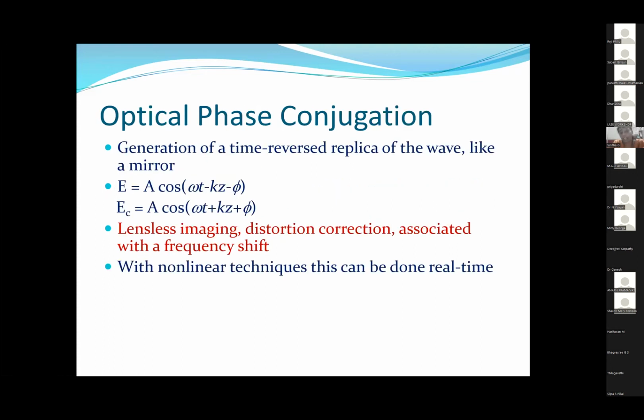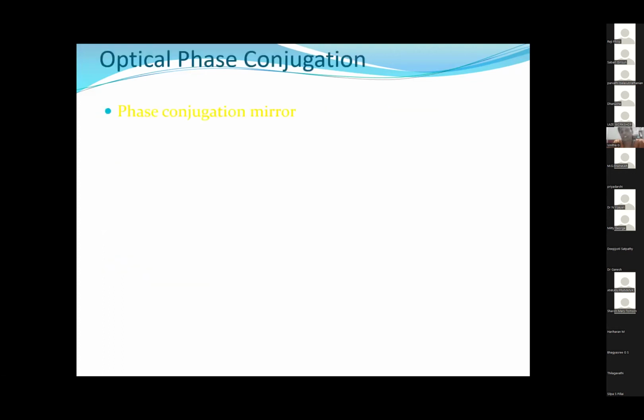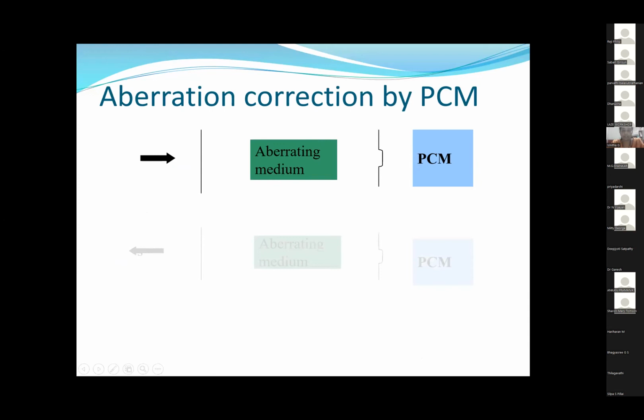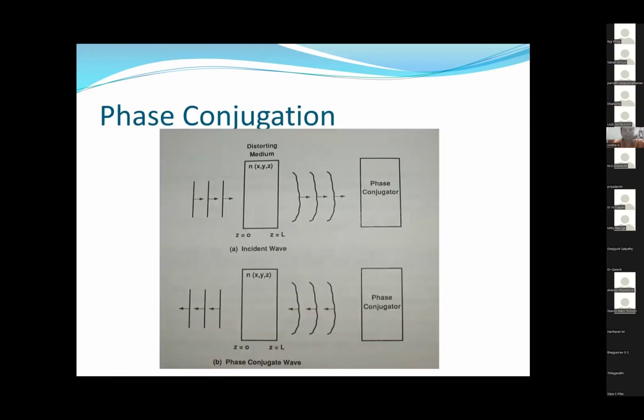See, we can generate the phase conjugated beam, which actually helps us in aberration correction. If it's a normal mirror, whatever is going to be reflected from it, the reflection can be seen this way. But if you have a phase conjugate mirror, you can have the aberration correction. This is a light that is entering into the medium, which is going to distort my beam.